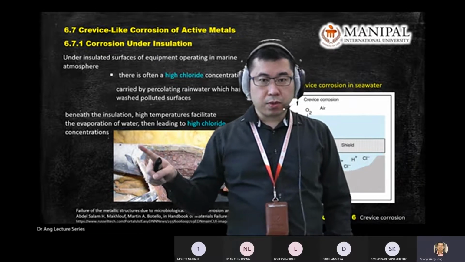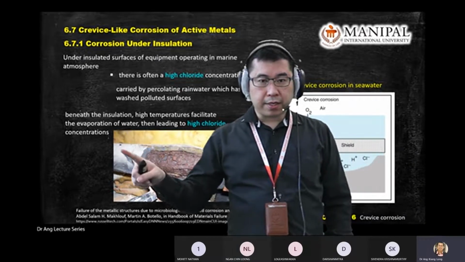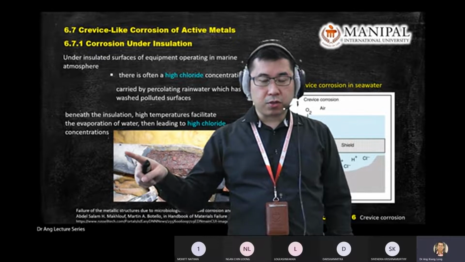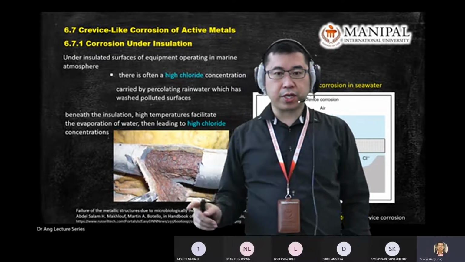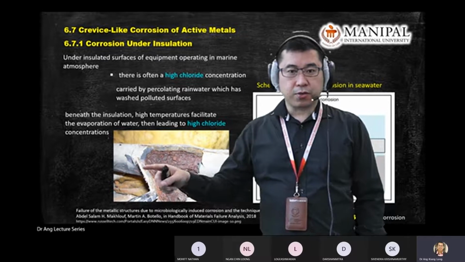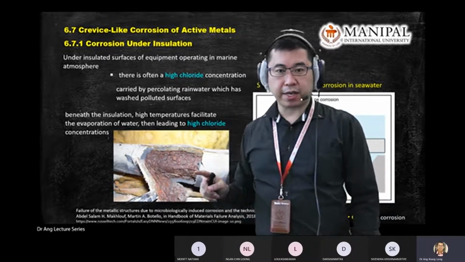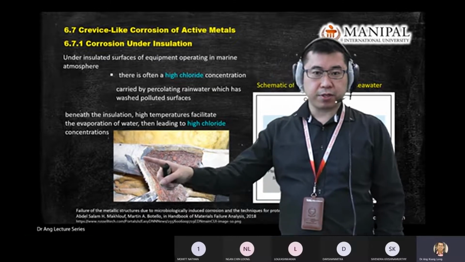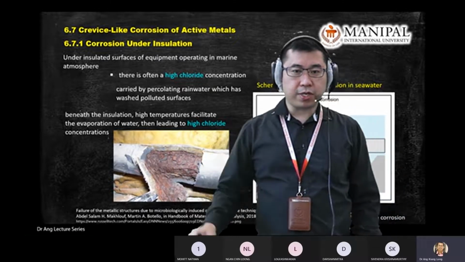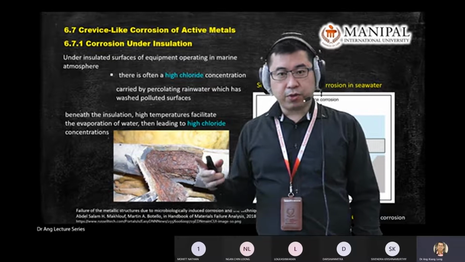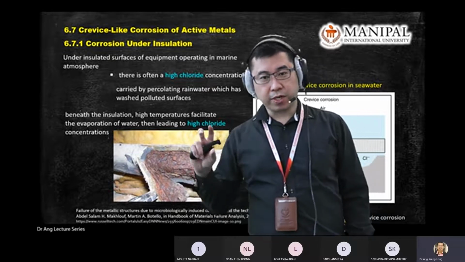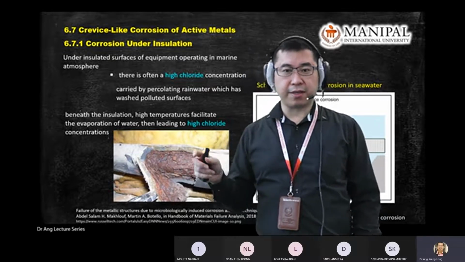So, beneath the insulation, why do you need insulation? It is because below the insulation layer there is a high temperature, right? That's why you use an insulation layer, because you want to insulate the heat element.